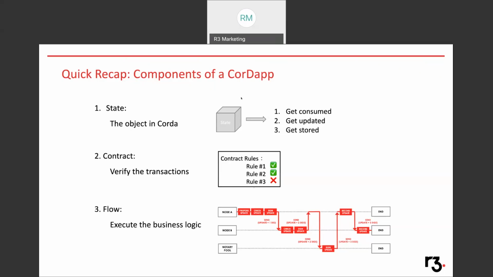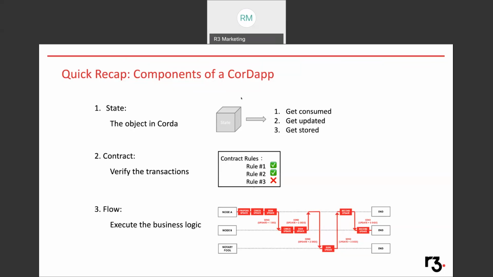The second part is a contract. A contract is a bit of code that is invoked every time that a state gets transferred. And in that contract, you can verify to make sure that whatever is in that state is valid based on the business rules that are applicable for you.